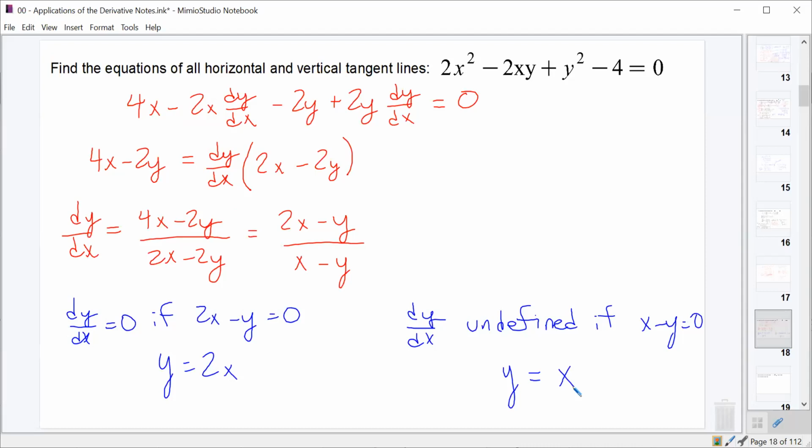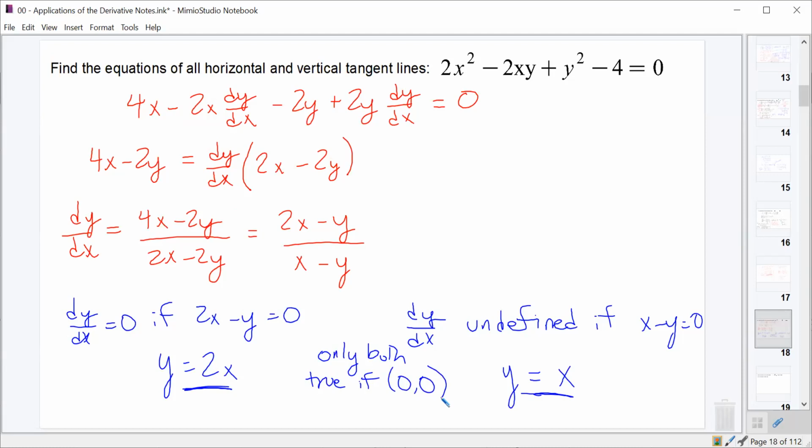I think right off the bat, we can look at both of those two equations that we got and say that the only time that y equals x and y equals 2x would be if both x and y were equal to 0.